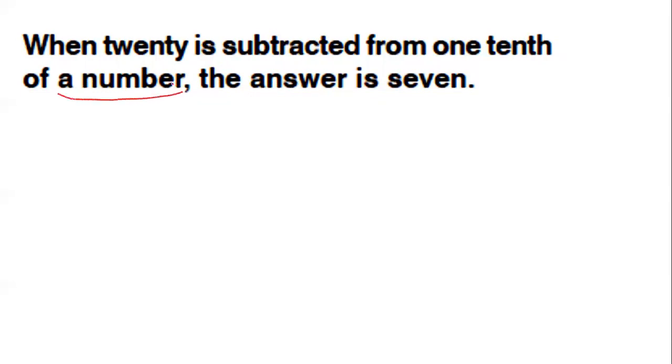Now, if you don't know what the number is, you will give any letter instead of that. You can say x, y, z, a, b, c. It's up to you totally. Let me say x for this number. Now, let's read again. When 20 is subtracted from 1/10, 1/10 will be 1 over 10 times a number x.